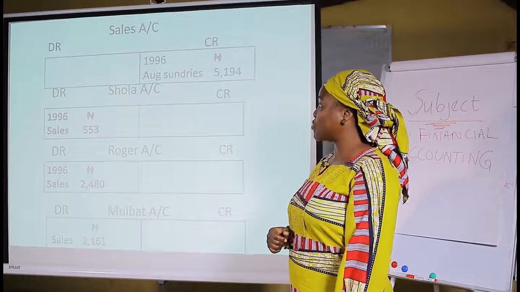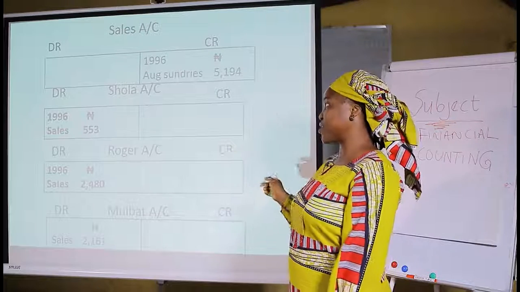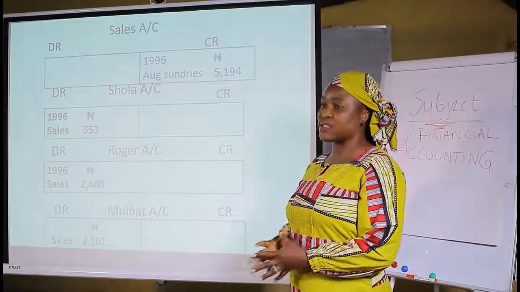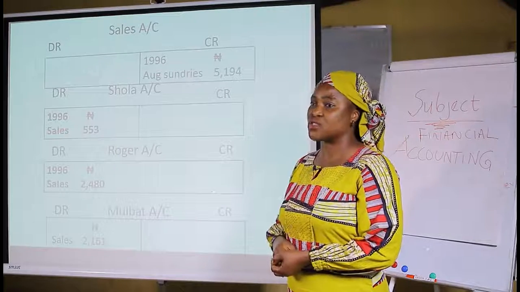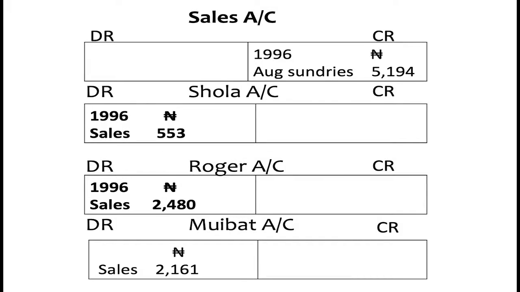Then Shola account has a debit side and a credit side. All of the transactions are going to be on the debit side. The sales that Shola made is 553 naira. Roja account, Roja made a sales of 2,480 naira, which is going to be on the debit side of our account.